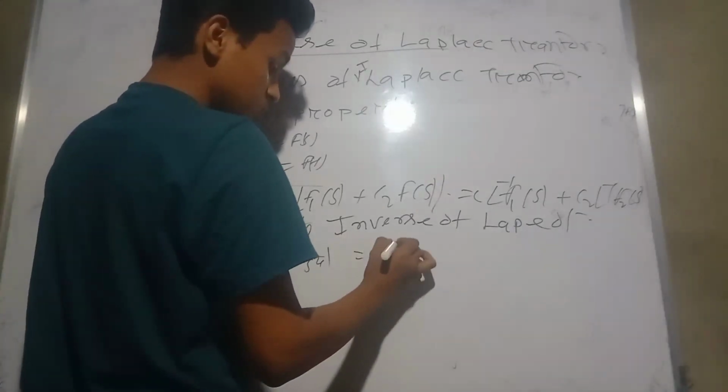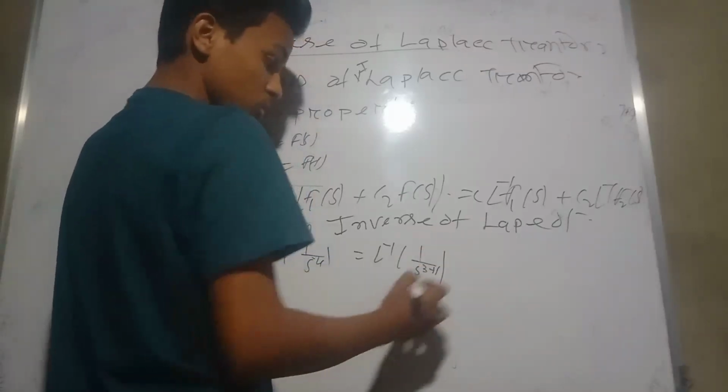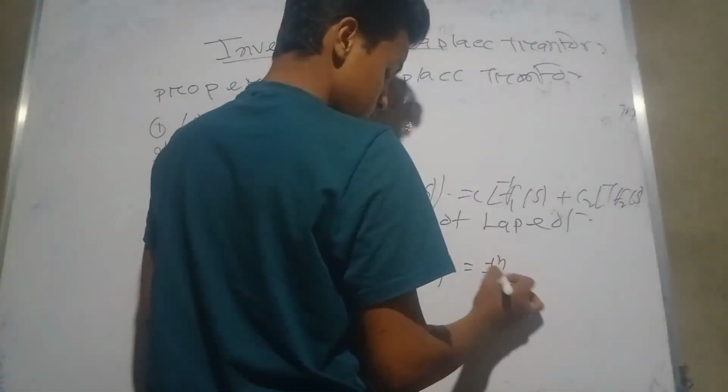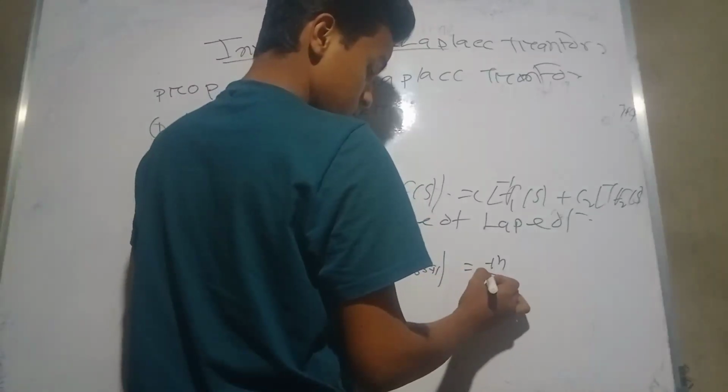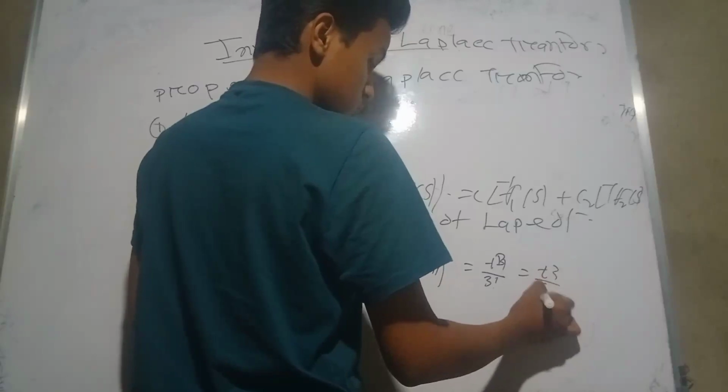So we can write it as the inverse of 3 factorial upon s to the power 3 plus 1, divided by 3 factorial. That gives t to the power n upon 3 factorial, that is t cubed upon 6.